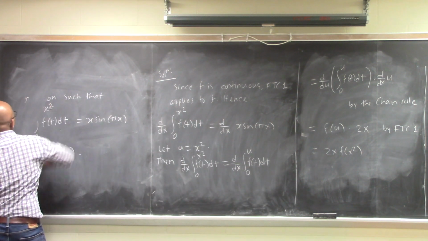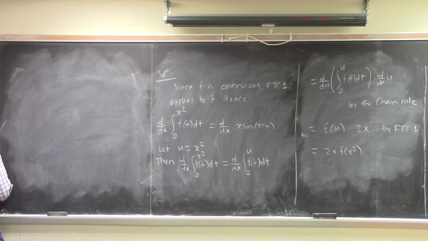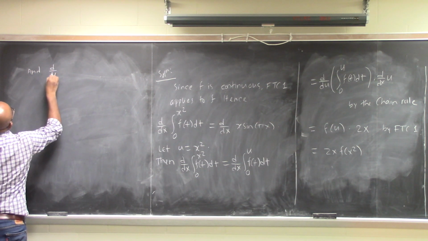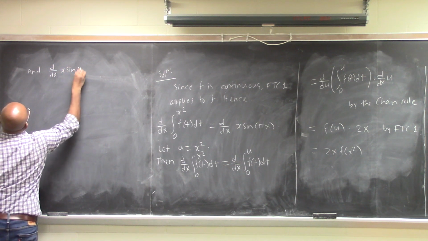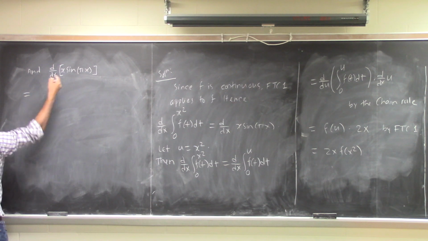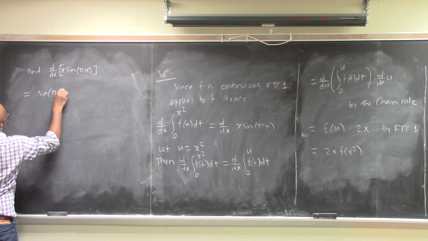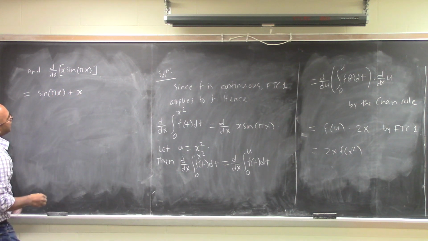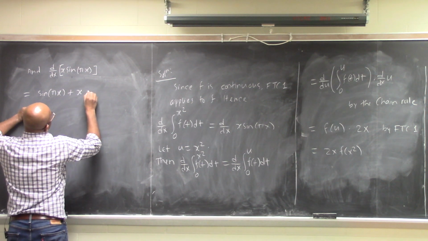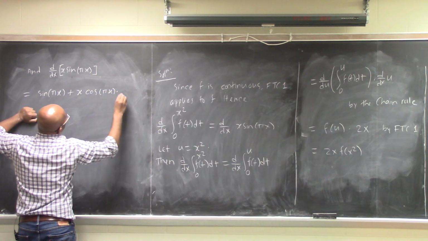And on the right side, what do I get? I have a product of two functions, so I can just use the product rule. d/dx of x sine pi times x. First you differentiate x, so that's just 1, so sine pi of x, plus, then you differentiate sine pi of x with respect to x and you keep x fixed. So that is going to be cosine pi of x. But by the chain rule, you need to differentiate pi of x, so that will give you a pi.